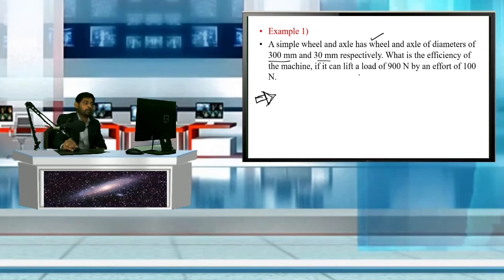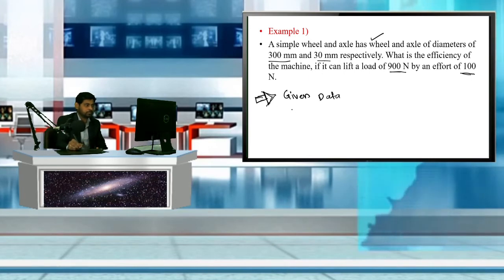If it can lift a load of 900 Newton by an effort of 100 Newton. So effort we have given 100 and load we have given 900. So first thing you have to do is find out the given data. So what are the given data?